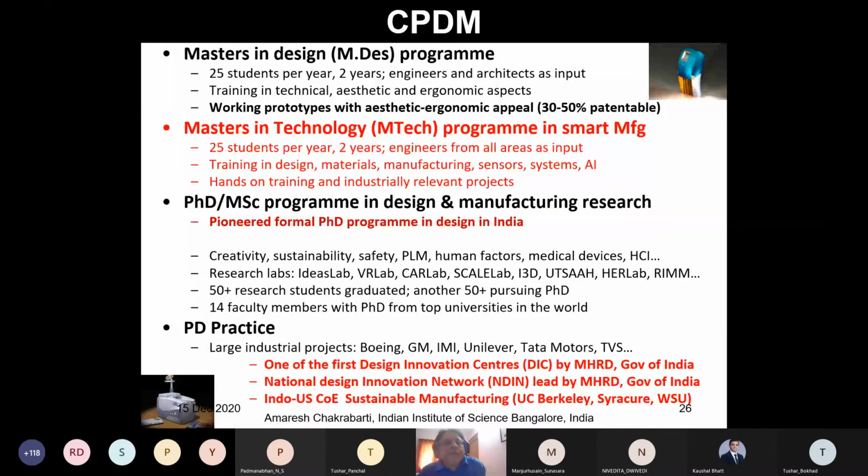We work with all big companies and small companies, and also lead the National Design Innovation Network by the Ministry of Human Resource Development and so on. And now smart manufacturing is also being taken into that.